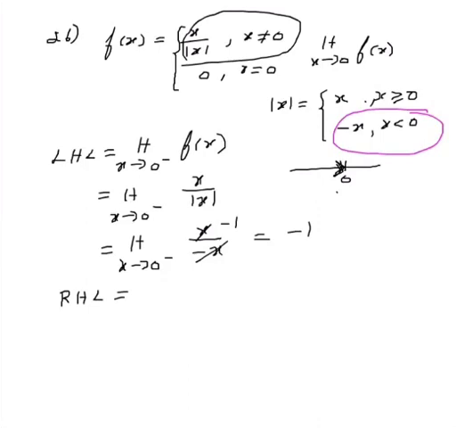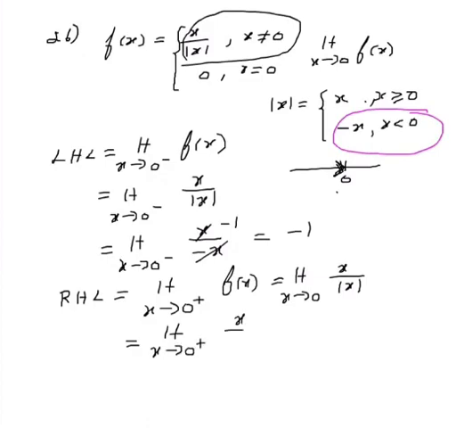Now let us calculate RHL. Limit as x tends to 0 plus of f of x. In this case also, x approaches 0. The function is not defined at 0. Let us remove the absolute value function.